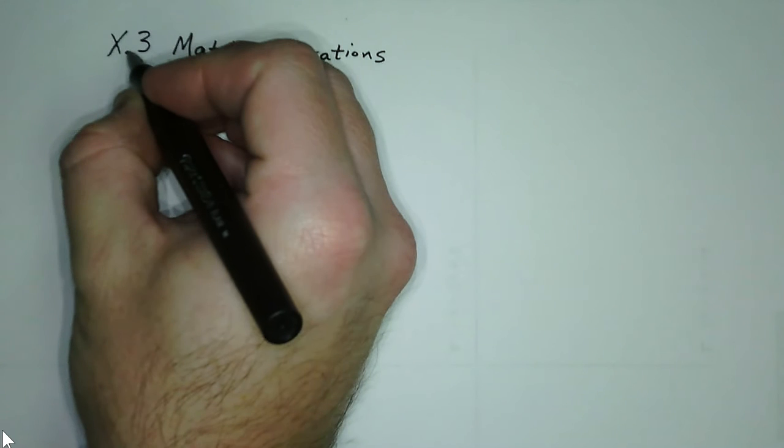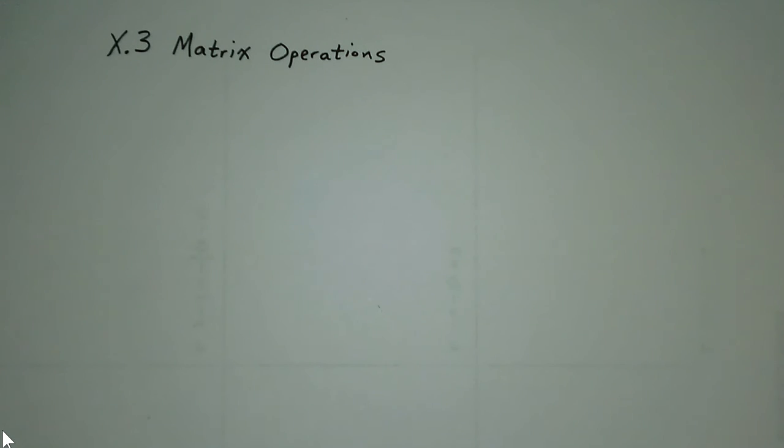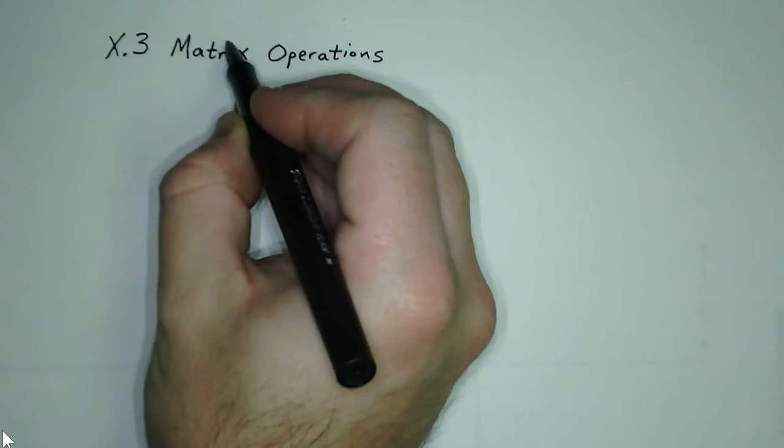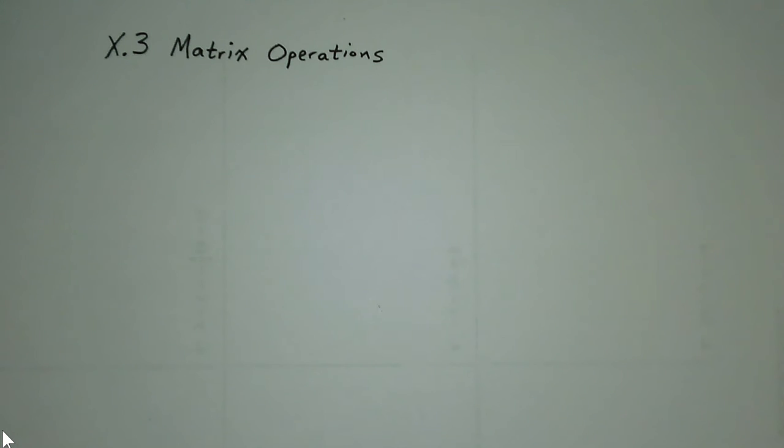It's not really that important, but I'll just say I'm probably going off of an old textbook and therefore my old notes that I've had for a handful of years now. But don't worry, whether it's X.3 or X.2, it's just the next section that we're doing here with matrices.